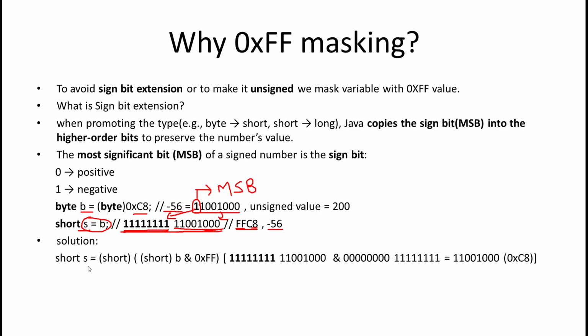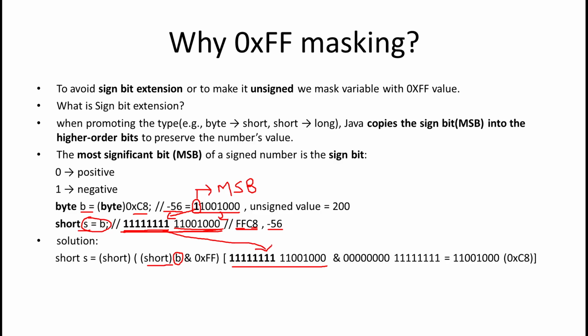As you can see, b here I have explicitly cast with the short data type, which means sign bit extension will happen. So the resultant value will be here.